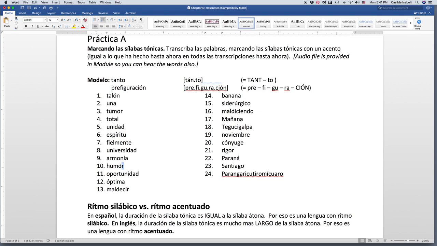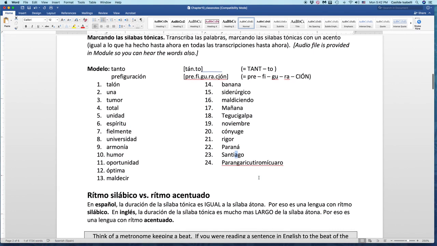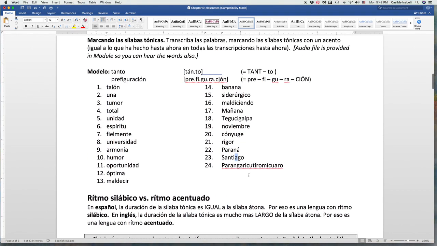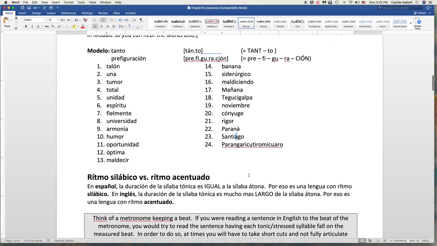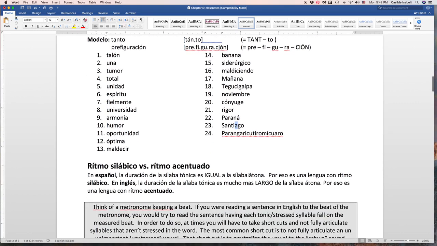Consonant, humor, oportunidad, óptima, maldecir, banana, siderúrgico, maldiciendo, mañana, Tegucigalpa, noviembre, cónyuge, rigor, Paraná, Santiago, Paragarcutiromícuaro, the city. A review of what we've already seen in the last chapter.